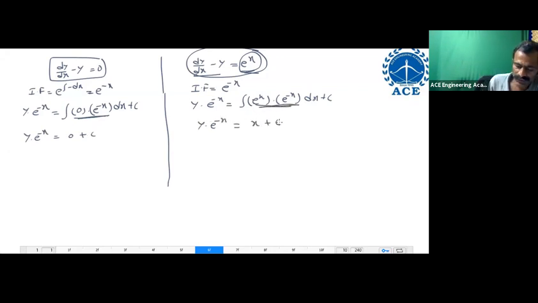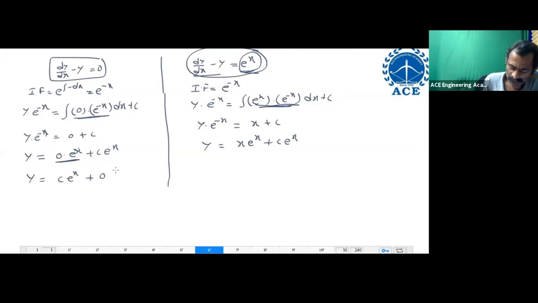These are the solutions. If you want to write y in terms of the other terms, we eliminate e power minus x by multiplying both sides with e power x. For the first, y equal to c e power x plus 0.